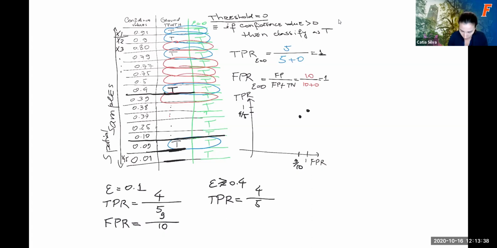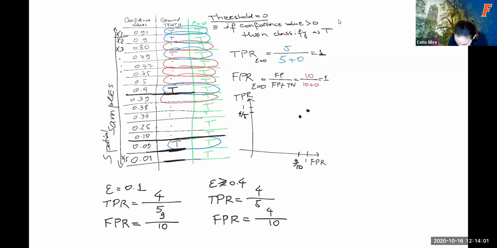Now for false positive rate, it's going to be a much smaller number. So we're going to have 1, 2, 3, 4 out of 10. Does that make sense? Okay. And so that's going to be another point.